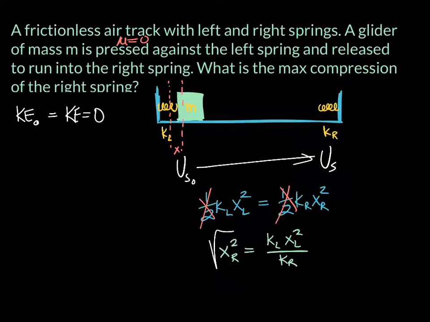So when I take the square root of all this, I'm going to have XR, and we can pretty much ignore the negative, because we're just worried about the magnitude. The XL squared pops out as just a single XL, and the other stuff has to stay underneath. So I'll have XL times the square root of left over right spring constants.